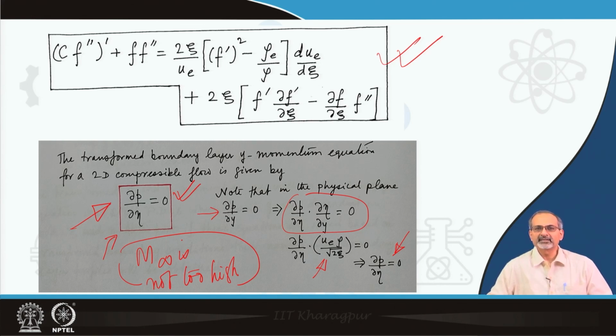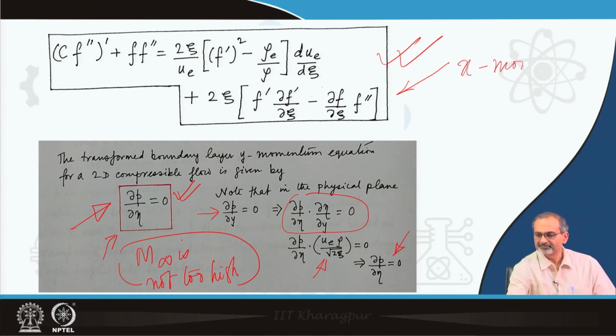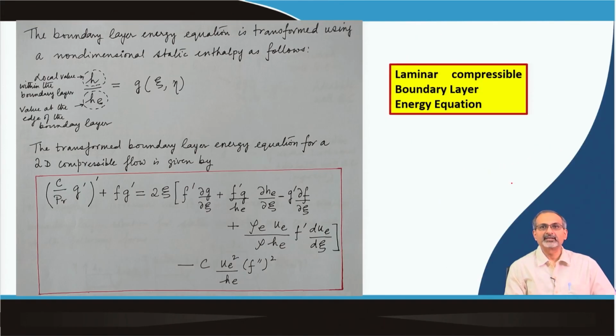In the previous lecture we had shown some details of the transformation functions to be used, how we transform the derivatives from the physical space to the computational or rather transformed space, and we had looked at the two equations formed in the transformed space, namely the x momentum and the y momentum equations. Now, we will be looking at the energy equation.